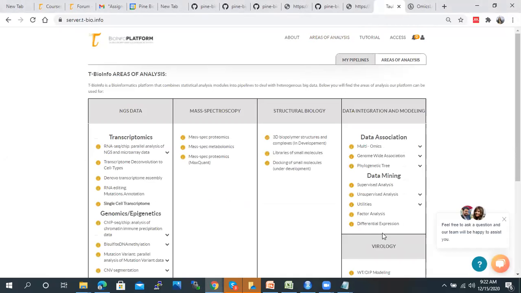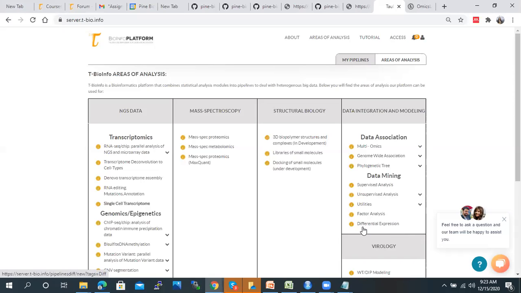So remember, DESeq and edgeR can only be applied when your data contain non-normalized read count values.